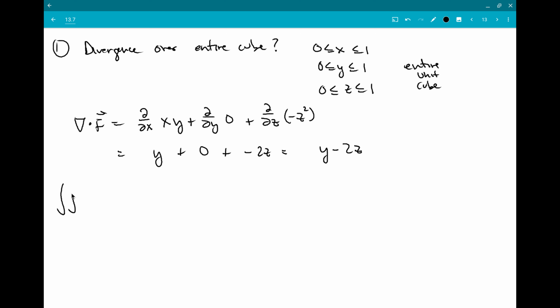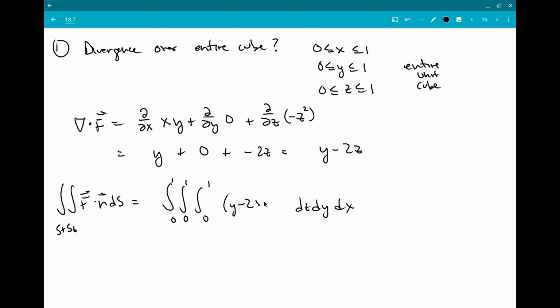And so the integral over the entire cube is the volume integral over the interior of the cube. So x, y, and z all go from 0 to 1 of the divergence. That's just our divergence theorem that we've had a lot of practice using up to this point.